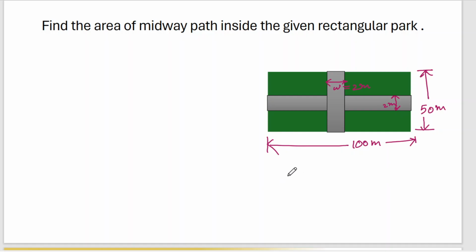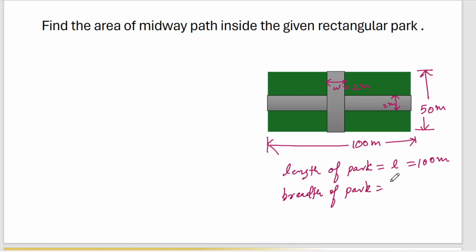So now what we have got: length of the park L is equal to 100 meter, breadth of the park B is equal to 50 meter, and width of the path W is 2 meter.